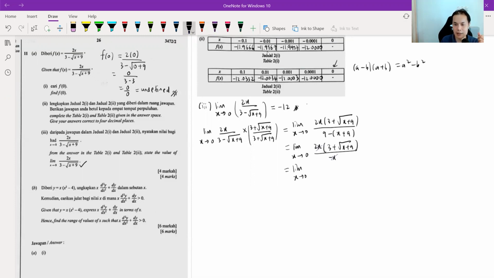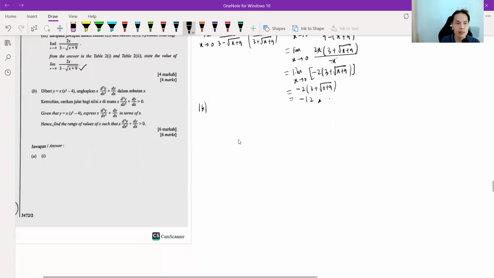So this is negative 2 with the 3 plus square root x plus 9. Let me put a bracket here. And only at this stage, we sub in 0. So it's minus 2 times (3 plus square root 0 plus 9). This will be 3 plus 3, which is 6. 6 times negative 2 is negative 12. See, we get negative 12 as well without using a table, right? Okay, so that's part A.